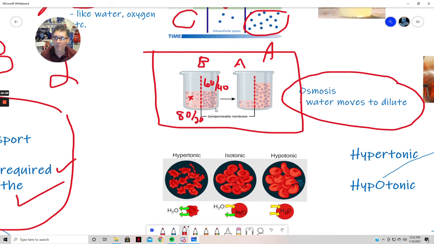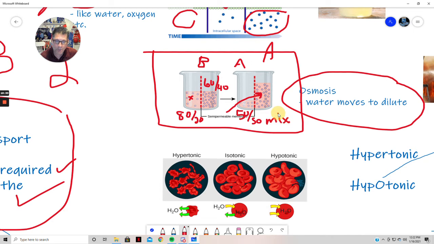And in your cells' eyes, hey, that's not good. Okay, we can't have that. We need an equal concentration. So the water moves into this side, and now you can see, and that's why it increased the water level over here, but now we can see that each side has a 50-50 mix.